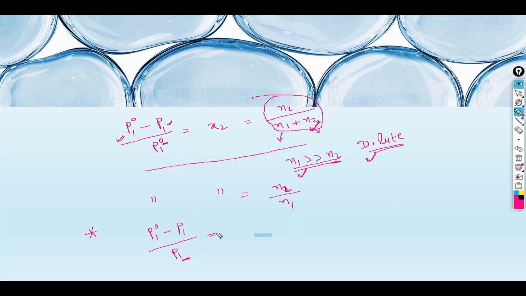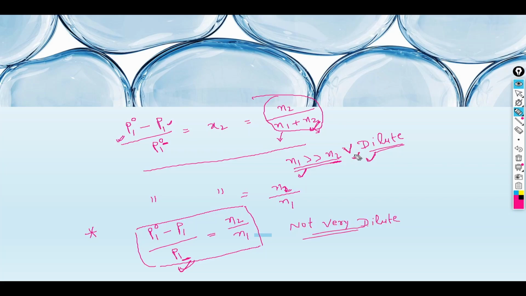This will be equal to N2 upon N1. Keep this in mind. So when it is not very dilute, there is a change in this denominator part. If it is very dilute, then this is the case. So only this part changes. So while doing the question, you have to read the question carefully.